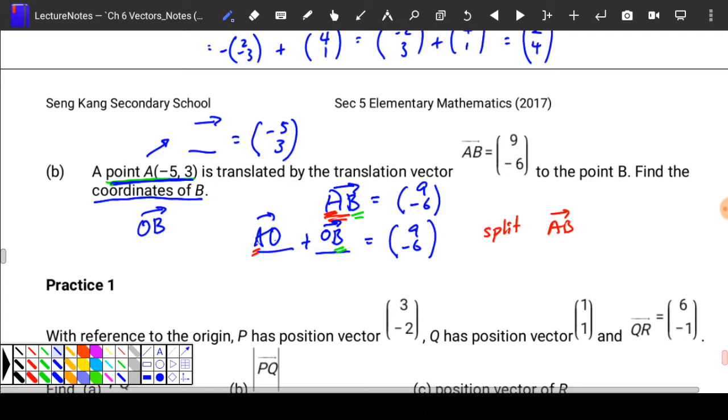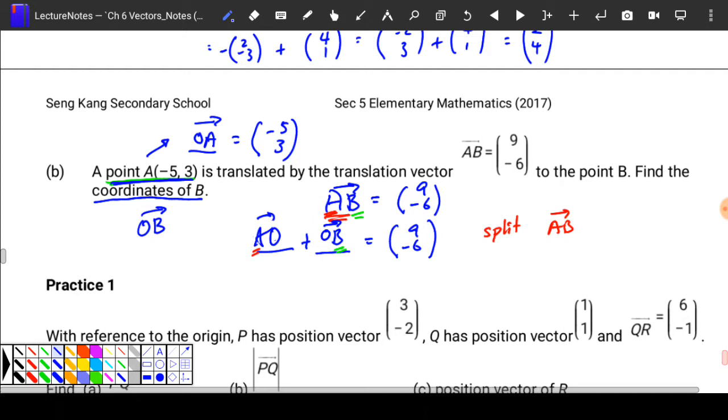OA. OA is correct because I always start with O something. It's called position vector. Can I still write -5, 3 here? No, because you got AO. Is it the same? No. This is OA, this is AO. How do I make it the same? I add a negative sign.